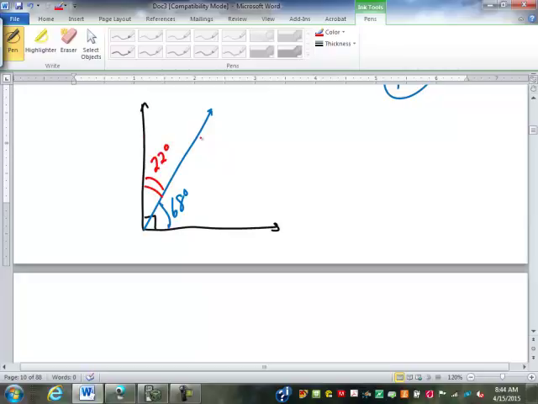How'd you get that? You got 90 minus 68, which gives us 22 degrees. Here we had two angles that added up to a right angle. That's what we call complementary. Two angles that add up to 90 degrees or a right angle are called complementary angles, or angles that complement each other.